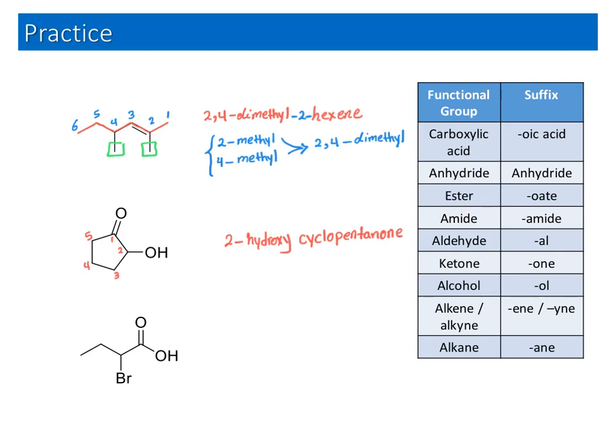Therefore, it gets the prefix "but" and the suffix "oic acid". So it's going to be butanoic acid. Then I need to number the parent chain. So the priority group gets number 1, then 2, 3, 4. It's going to be 2-bromobutanoic acid.